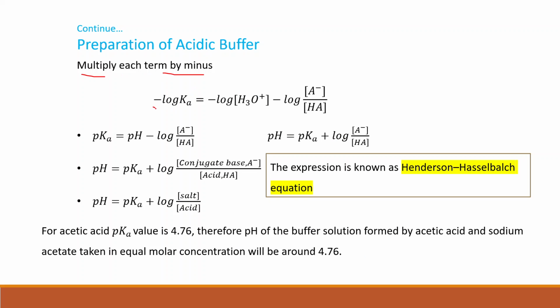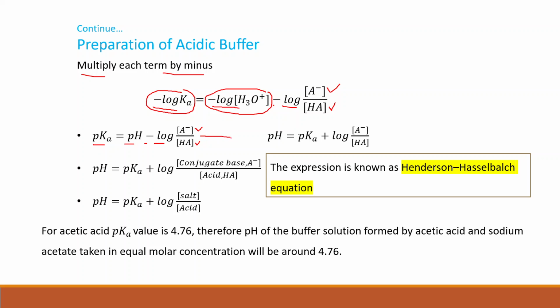So we get minus log Ka is equal to minus log of hydronium ion concentration minus log of concentration of conjugate base divided by concentration of acid. Now, minus log Ka is pKa, and minus log of hydronium ion concentration is pH. So we can write pKa is equal to pH minus log of the concentration of conjugate base divided by the concentration of acid.